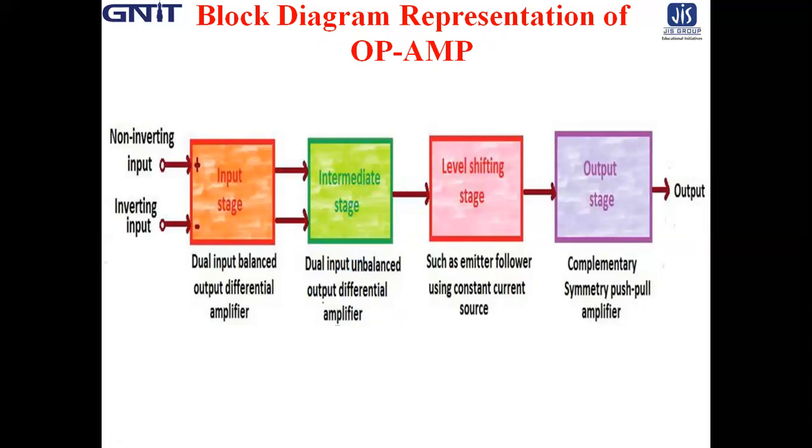Direct coupling of the first and second stages causes the output DC voltage of the second stage to be well above the ground potential.